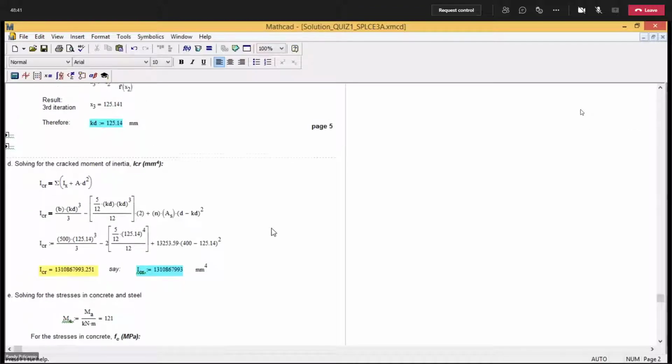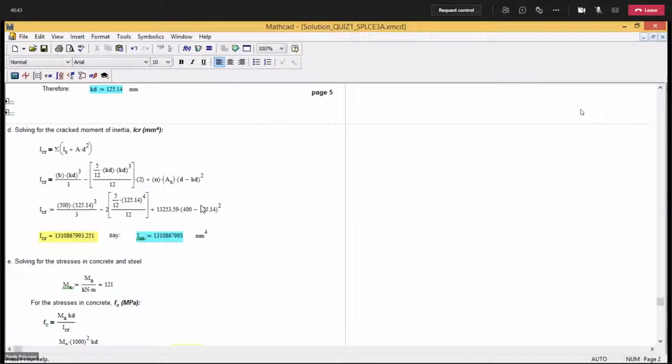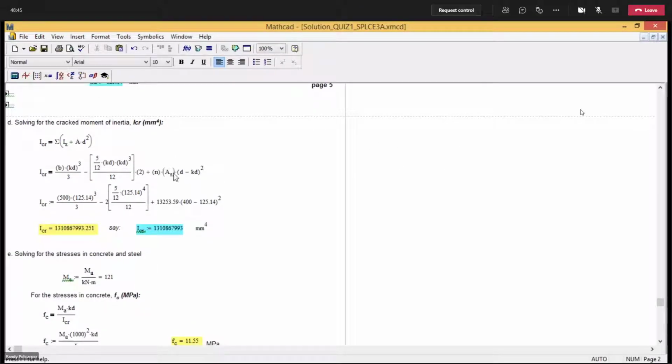Okay, so after knowing your KD, you may solve now ICR. So this is the computation. Yung rectangle mo, merong direct formula which is BH cube over 3. And similarly, ganun din to sa triangle, base multiply by the altitude cube over 12.